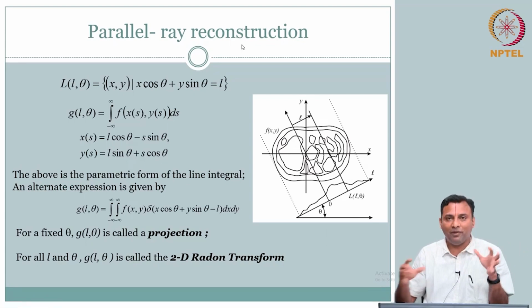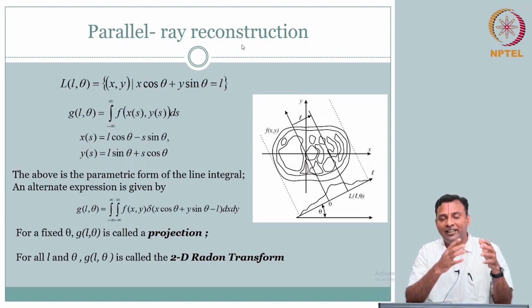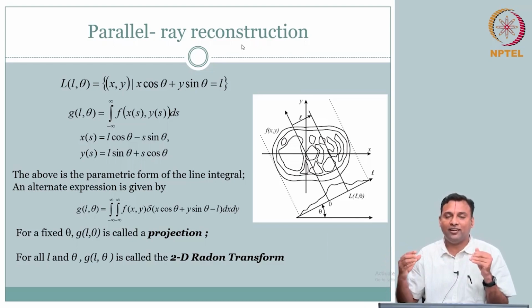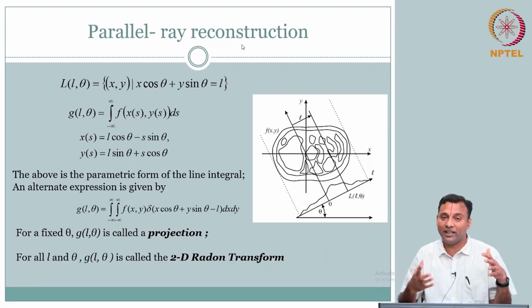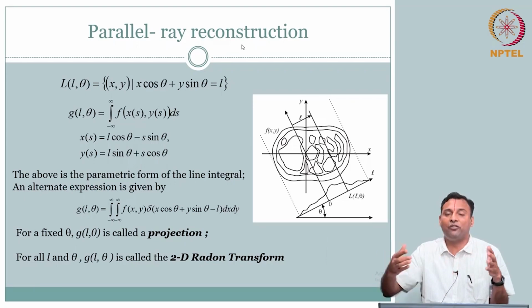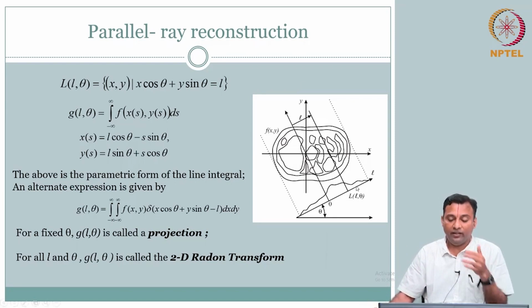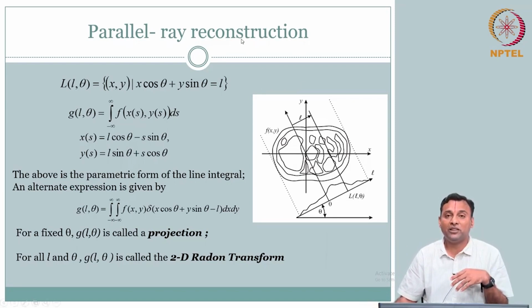So, mathematically it grew, but we are very lucky, we can turn back and we have hindsight, it's all 2020, right. We can turn back and say, oh, this is actually a common sense driven way of doing it. So, given this, I know how to get the image f of x comma y from the collection in a very intuitive way, which is what I will attempt to do, and then of course put it mathematically so that it is correct.